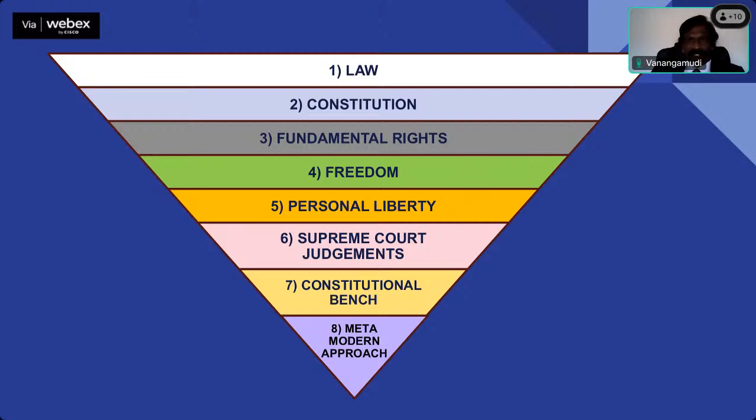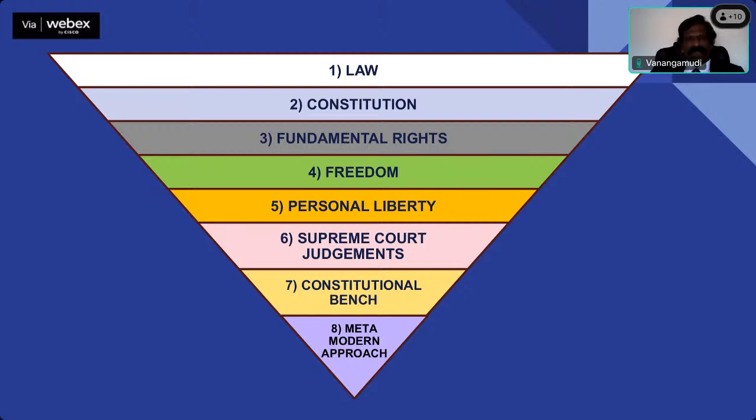Hierarchy, equality. Heterarchy is a concept. That means the decentralization of authorities. Decisions are taken not at one point, but at different points. If you take that, it is meta-modern. If there are any issues or concepts like this, then it's a meta-modern approach.